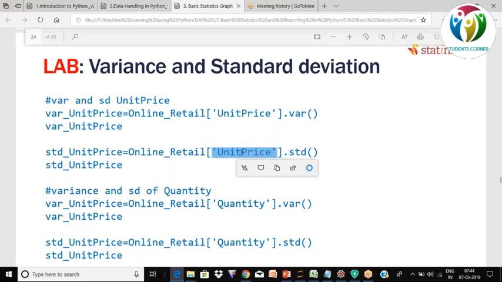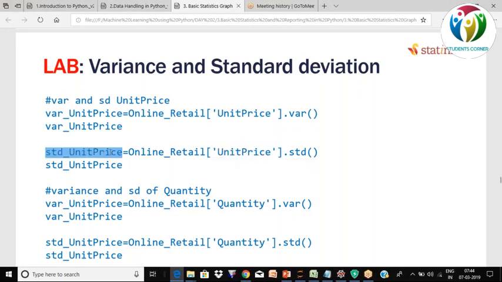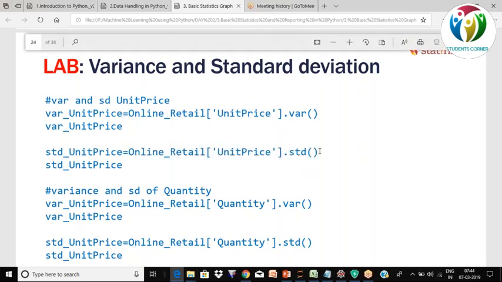And can you all do it on the unit price? Can you all tell me what was the mean? So variance is 9,362 and standard deviation is 96.7.